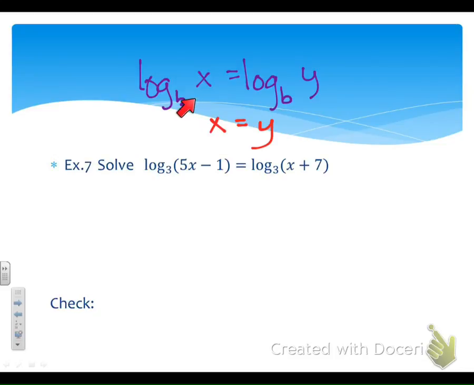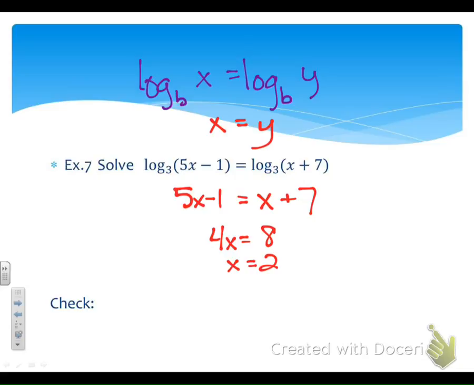In that box that you had written down, if you have the same logarithm, base b, on both sides, you can just zoom in on the arguments. So notice how I have log base 3 on both sides. So that means I'm just going to zoom in on those arguments being equal to each other. If you have the same logarithm on both sides, zoom in on the arguments. They have to match.